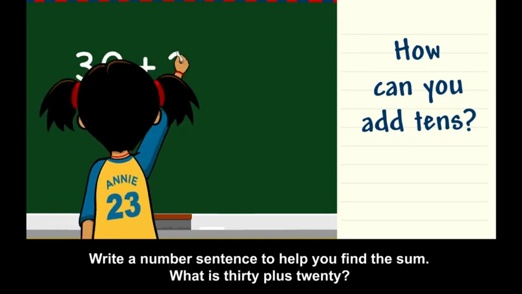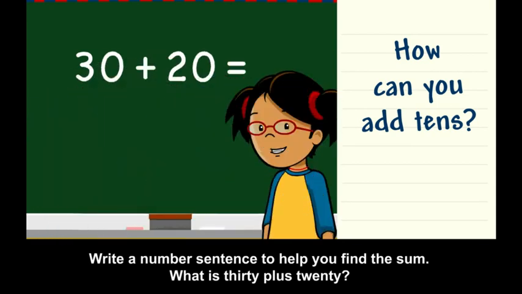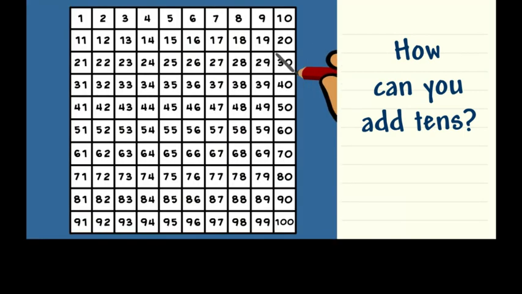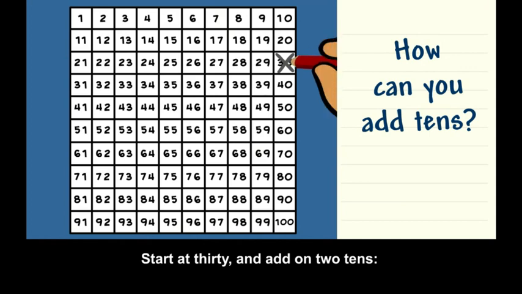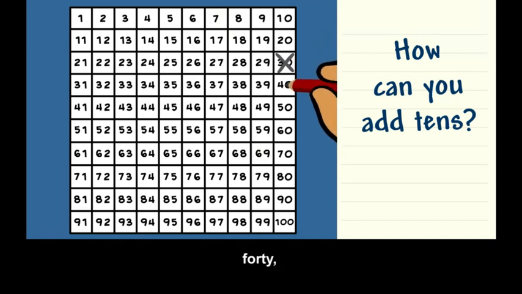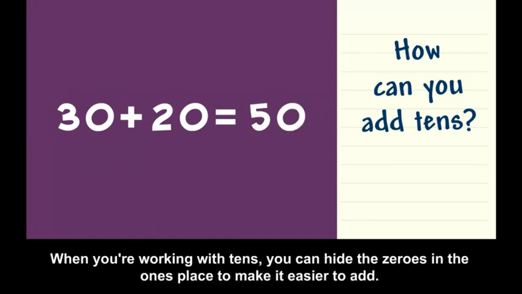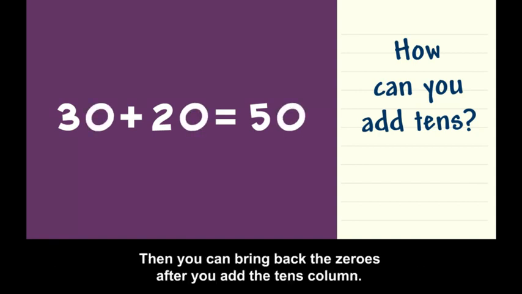What is 30 plus 20? You can use a 100 chart to help you add. Start at 30 and add on 2 tens. 40, 50. 30 plus 20 is equal to 50. When you're working with tens, you can hide the zeros in the ones place to make it easier to add. Then you can bring back the zeros after you add the tens column.